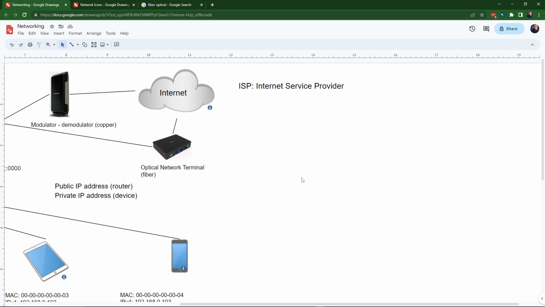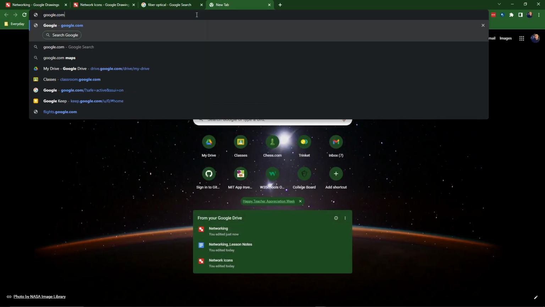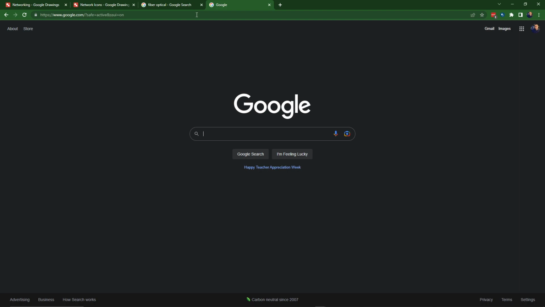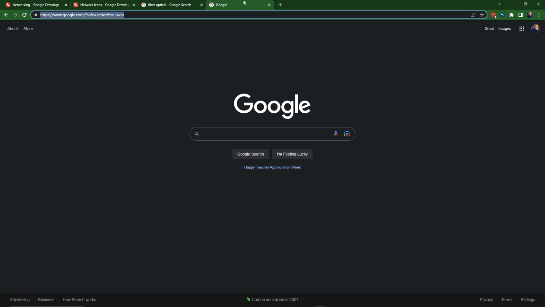Now, if you want to send a signal, like I want to go to Google, I type in google.com, and something very interesting happens, right? I've typed in www.google.com, but there's actually an IP address for google.com. We call this right here the URL, or Uniform Resource Locator.